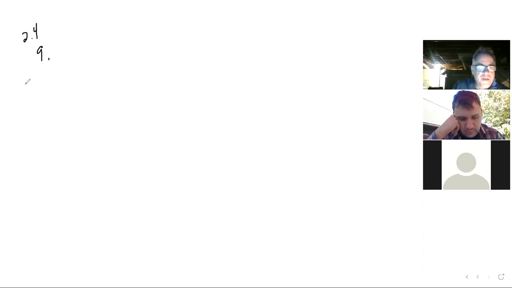Now I have to first write down all the information given. So we have 3 sets that we're dealing with, and it says the number of elements in A, the cardinality of A is 17. Cardinality of A intersect B intersect C is given to be 7.